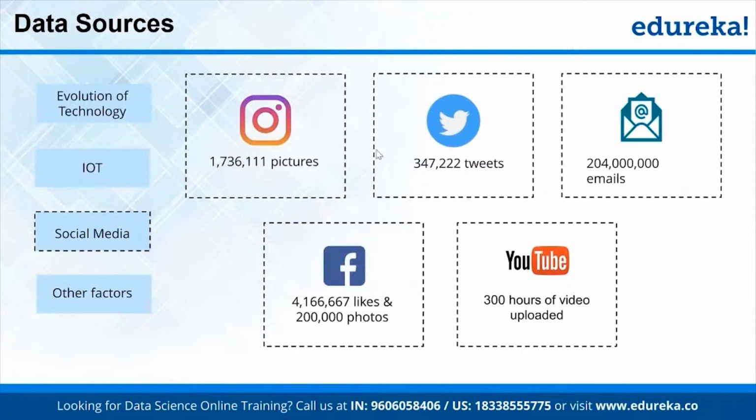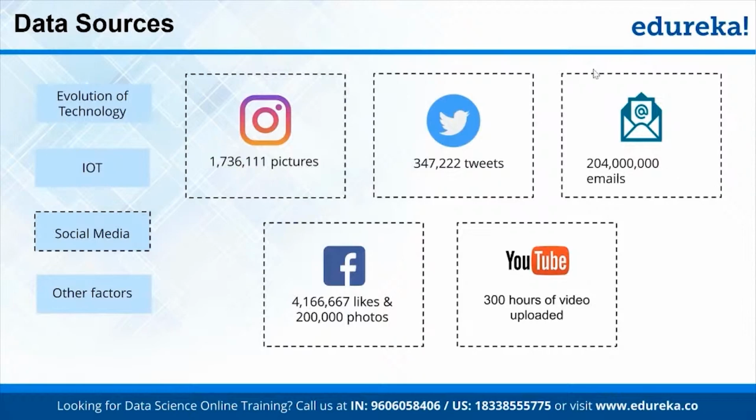These are the stats for all the social media platforms for a minute. Per minute for YouTube, 300 hours of video is getting uploaded. You can imagine the amount of data they will be storing at the end of the day, and also the speed at which data is getting generated.